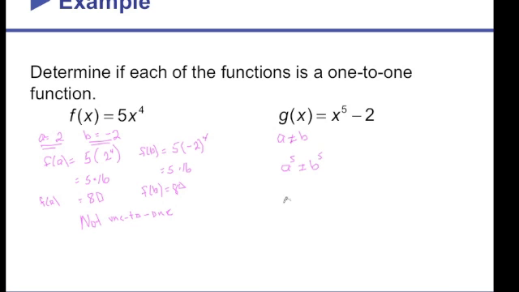Now I'm going to subtract 2 from each side. So a to the 5th minus 2 does not equal b to the 5th minus 2. If we started with different values, we end up with different values. So yes, this is one-to-one.